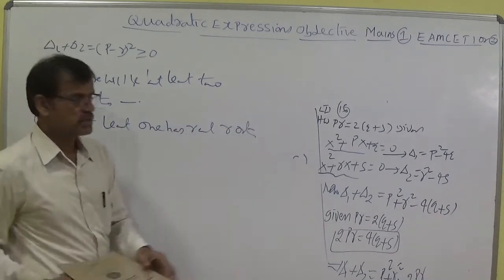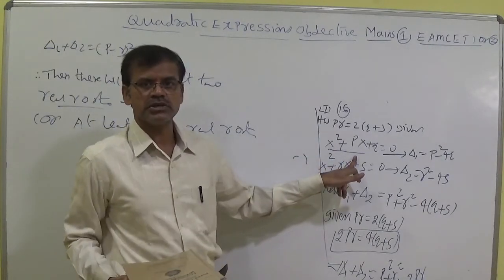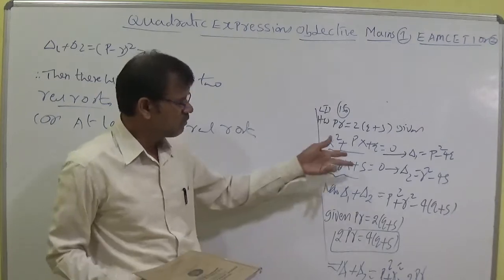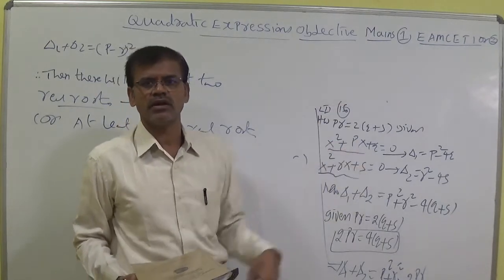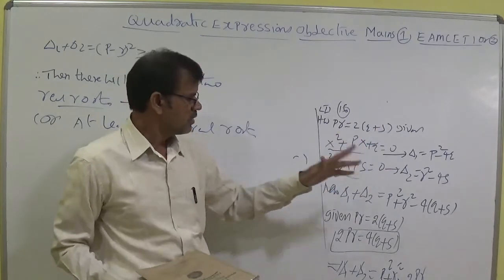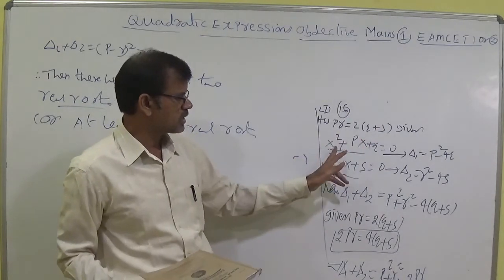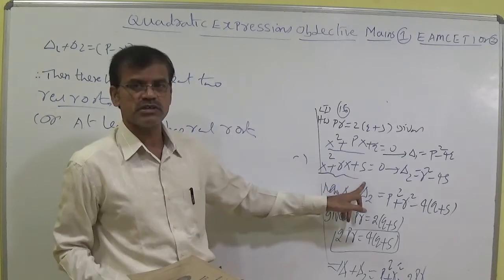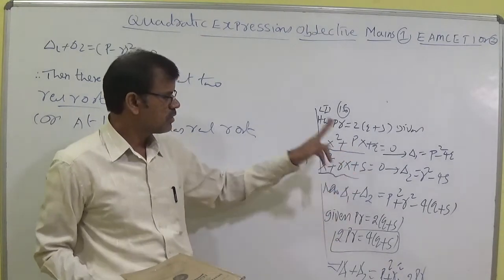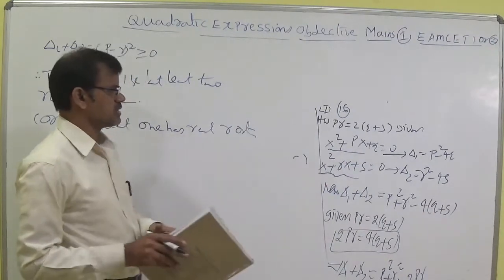That means either this equation or this equation has 2 real roots. That means a minimum of 2 roots of the combined biquadratic equation, x square plus px plus q into x square plus rx plus s, this one into this one gives at least 2 real roots.